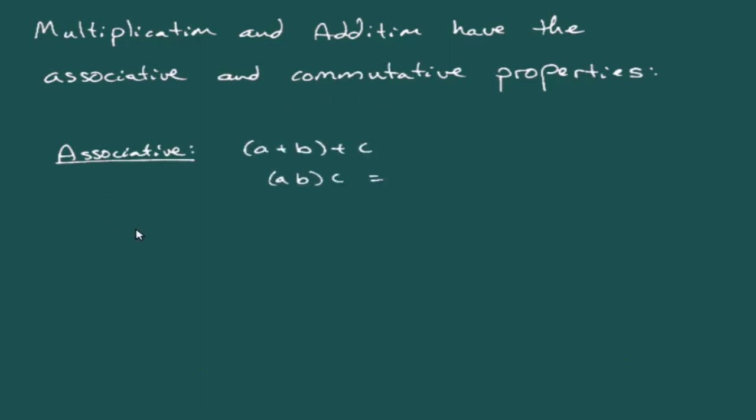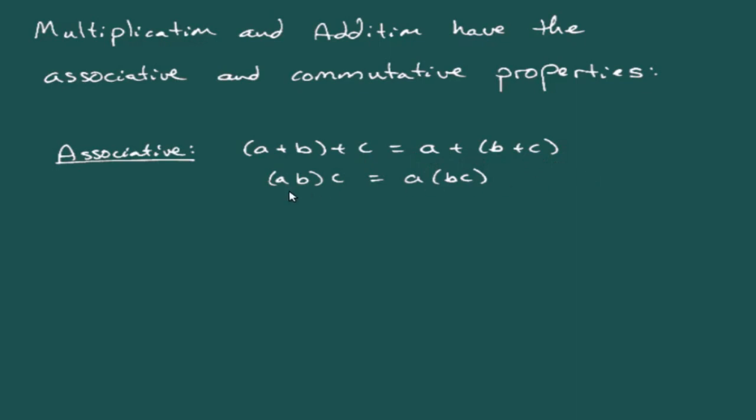Now, just to kind of refresh your memory a little bit, what was the associative property? That just says if we're adding three things together, it really doesn't matter how we group them to add them together. We can either add the first two terms together, and then add the third, or we can add the last two together and then add the first. Same thing with multiplication.